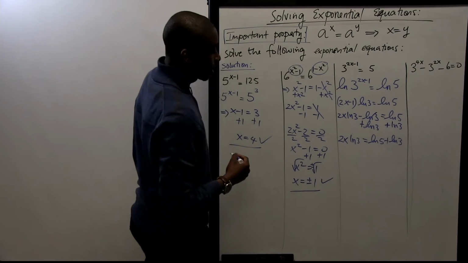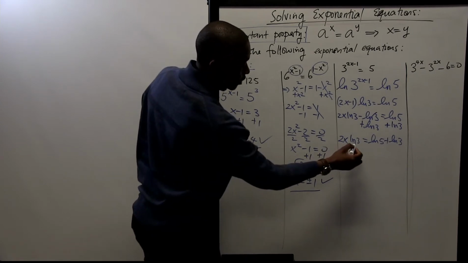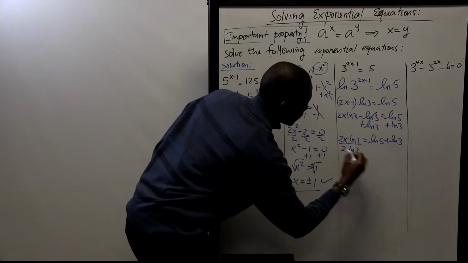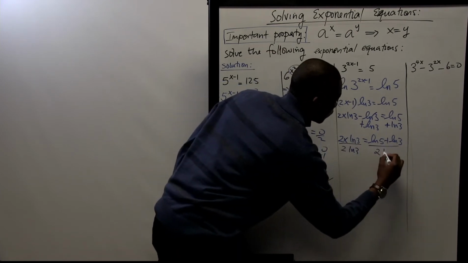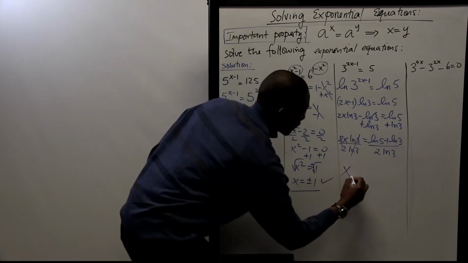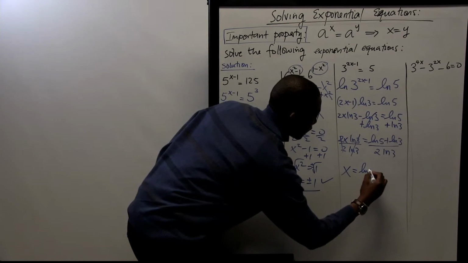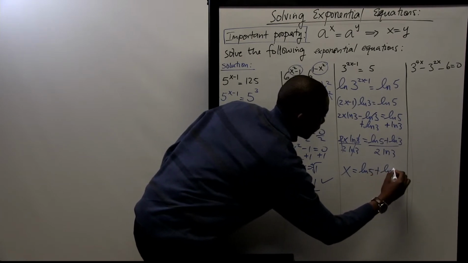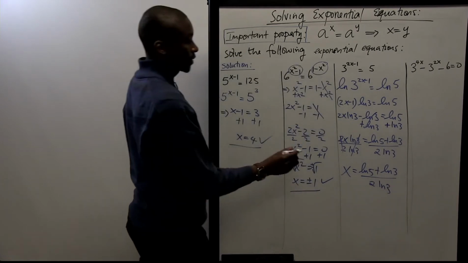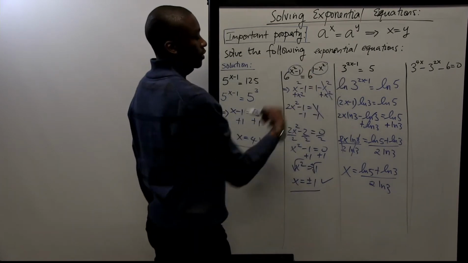And now I'm trying to solve for x. ln 3 is a constant and so is 2. So I can divide by 2 ln 3 across. So now what's left is that x must be ln 5 plus ln 3 over 2 ln 3. And that's the exact solution for this particular equation.